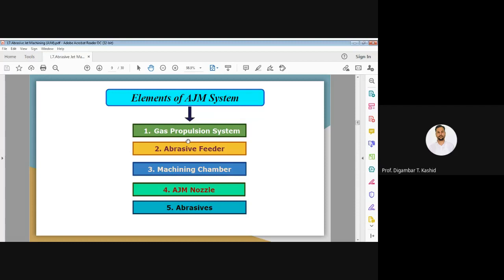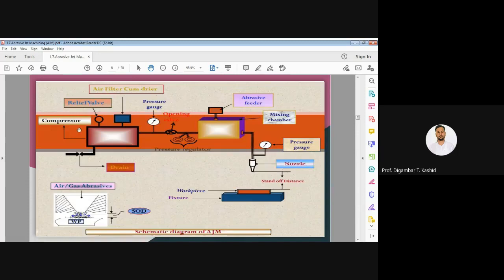This gas may be, as I have mentioned, air or some other gas, which should be an inert gas. In the gas propulsion system we have this compressor, or a cylinder which is filled with the gas, because compressed air has to be stored somewhere in a reservoir.